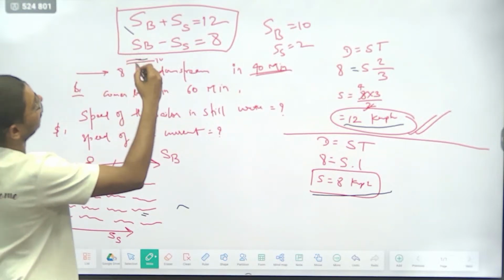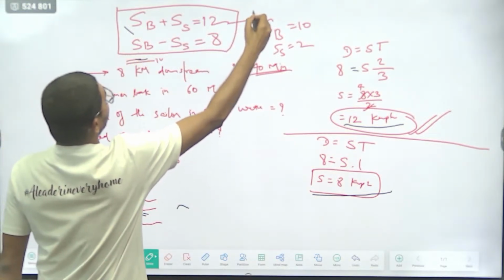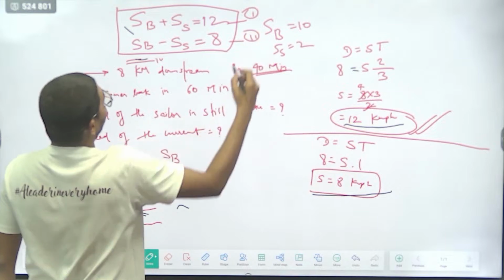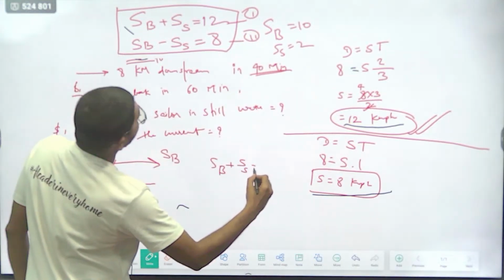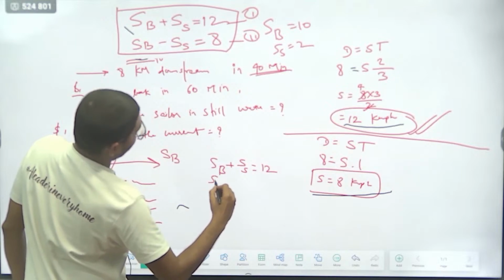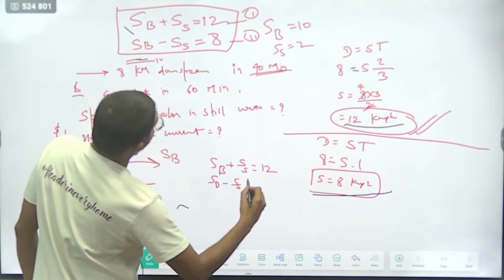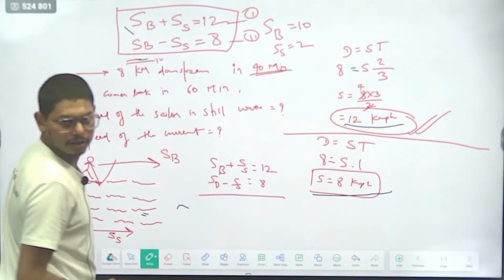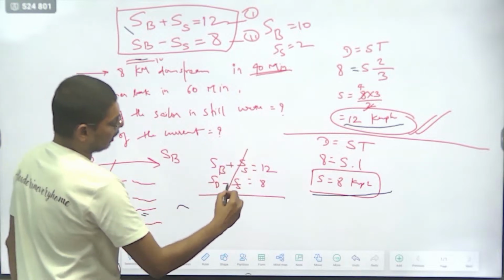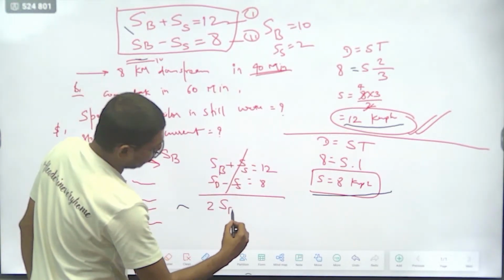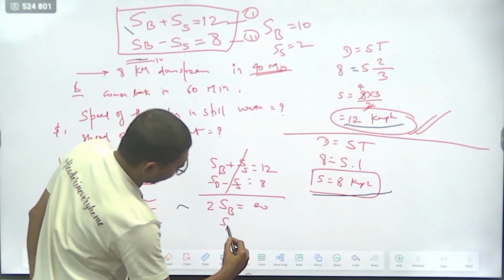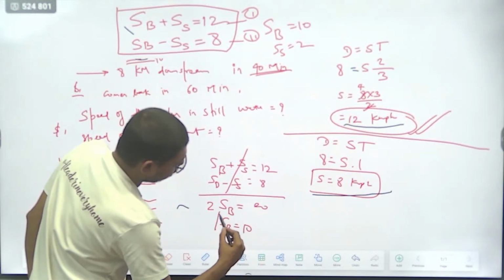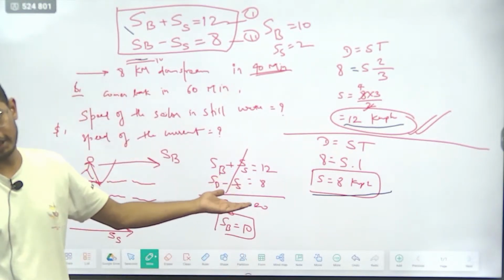So if you assume this is 1 and this is 2, SB plus SS is equal to 12, and SB minus SS is equal to 8. Now this will get cancelled. 2 times the speed of the boat, we will add it, this is 20. That means the speed of the boat is how much? 10. If it is 10, you put it in any one of these two.